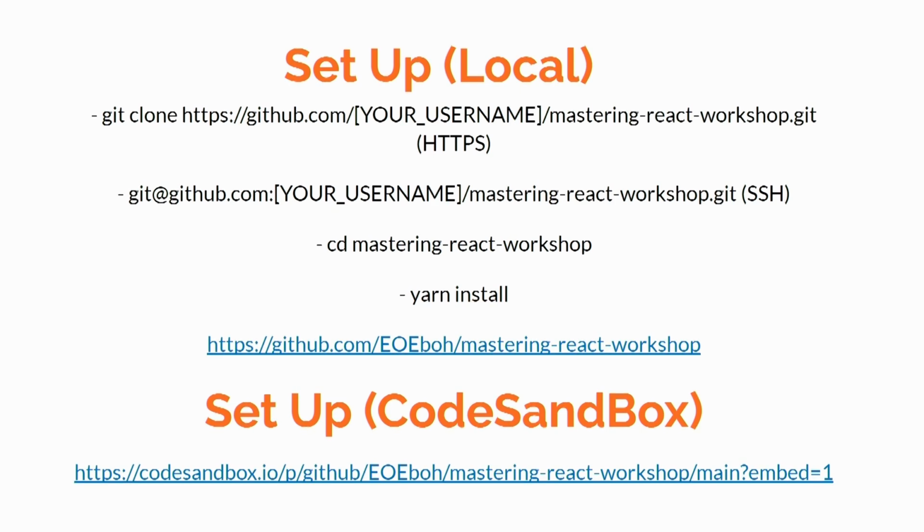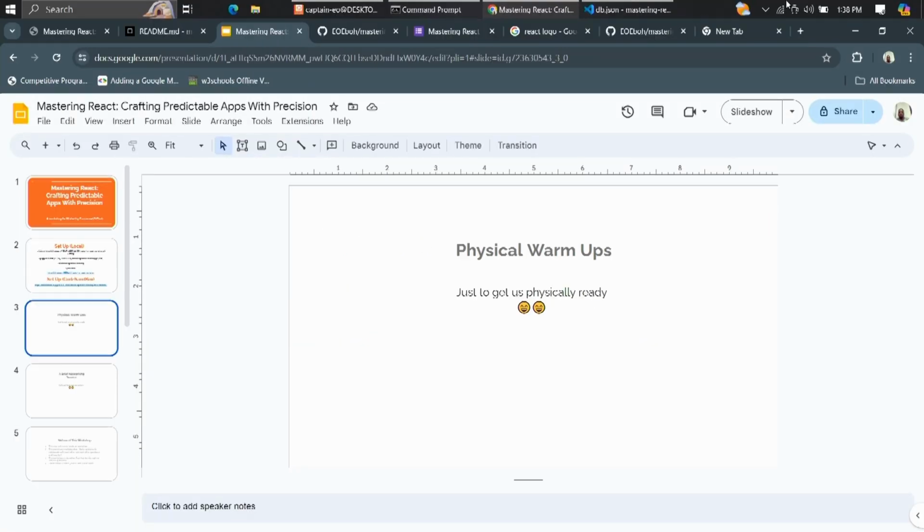If you don't feel like setting it up on your local machine, there's a CodeSandbox link, this one right below. So any one of your choice, but I'll be working straight from my local machine. I'm just going to give you 10 minutes to quickly set it up. The guidelines are right there on the repo.